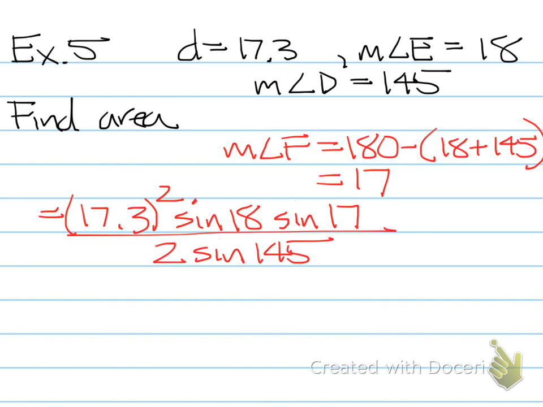And then we're going to use that measure to find the area of the triangle using the second area formula. So we're going to use the measure of D, which is 17.3, squared, times the sine of E, which is 18, times the sine of F, which we just found, which is 17, and then divide that by 2 times the sine of capital D, which was 145.